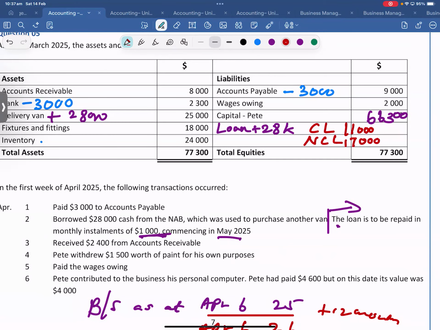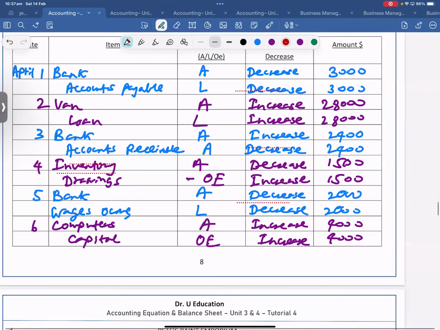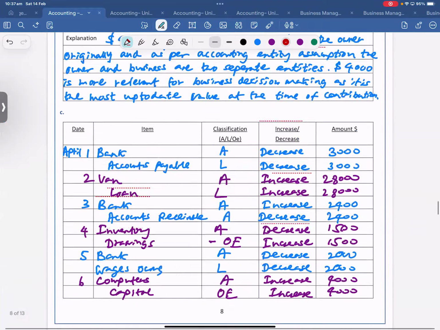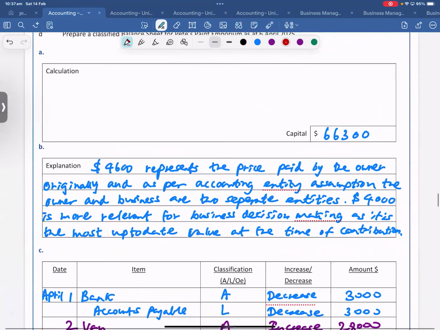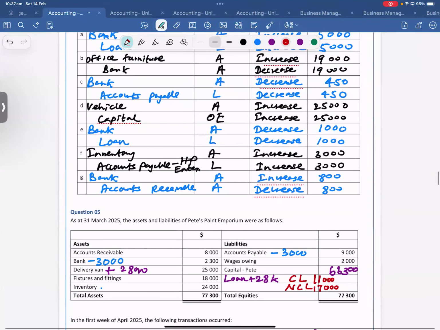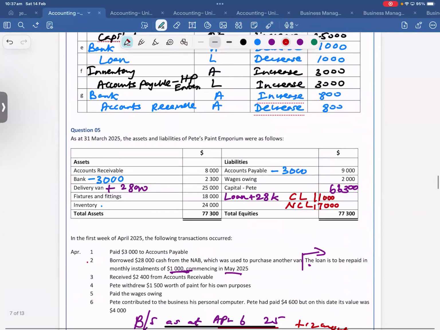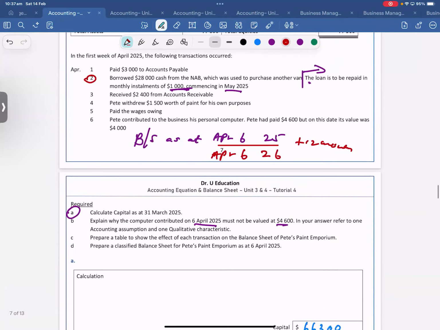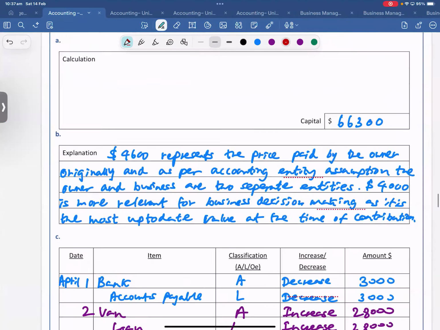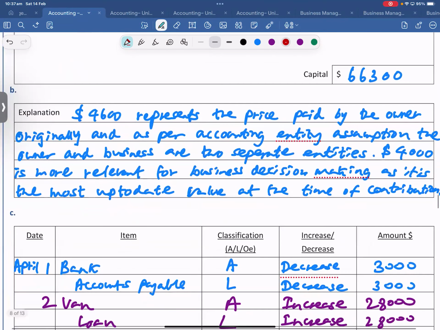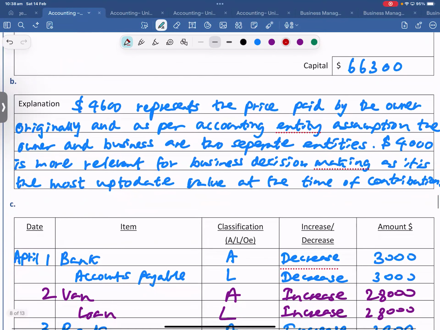Before that, we have to do it for the second one, April 2nd. Okay. So part C, what is happening? Your van is increasing. What is the other item affected? Your loan, yes.